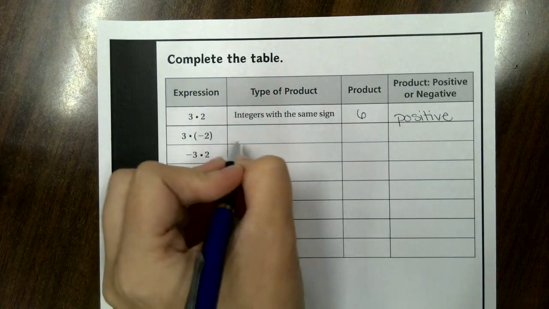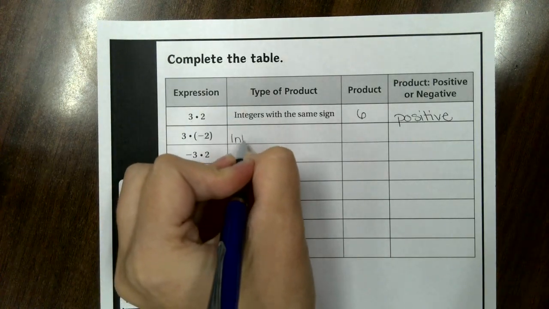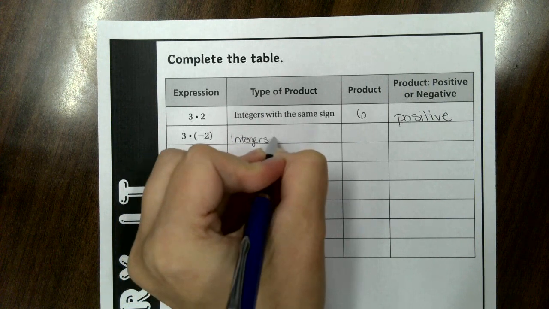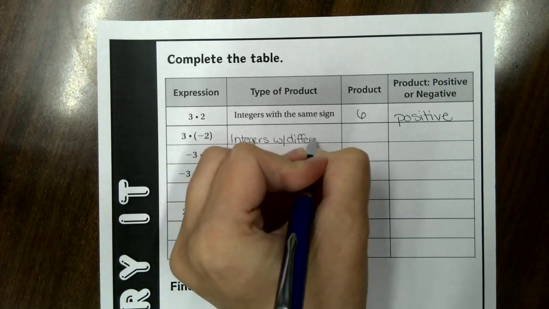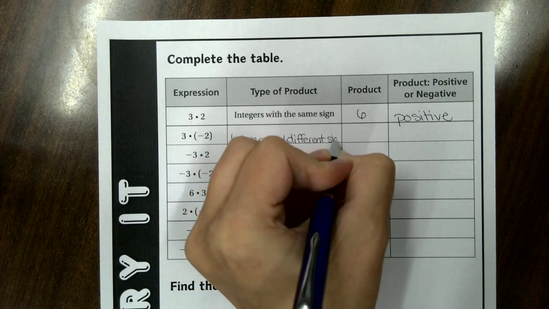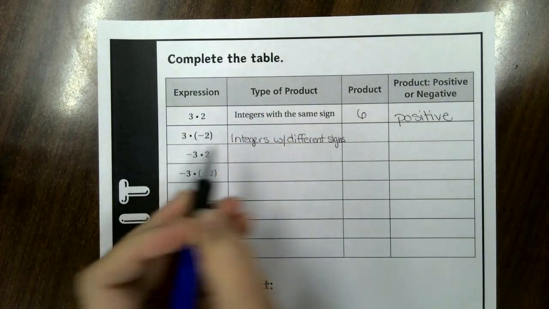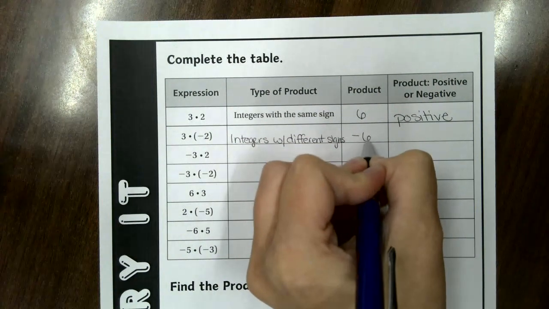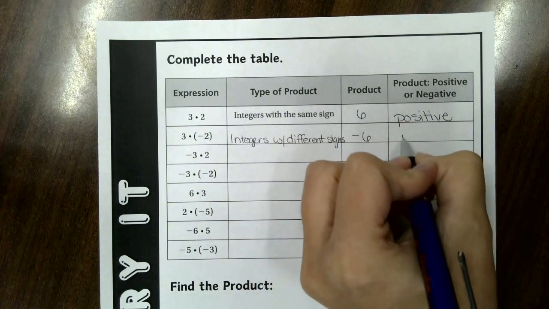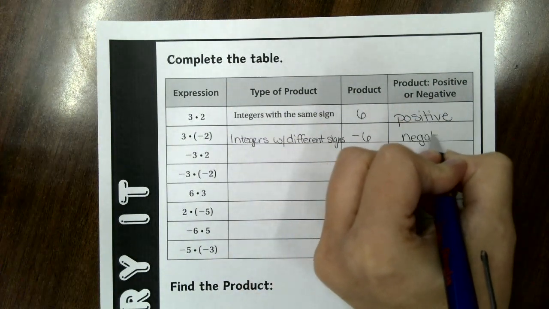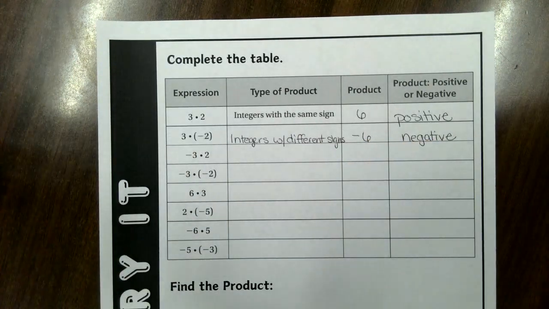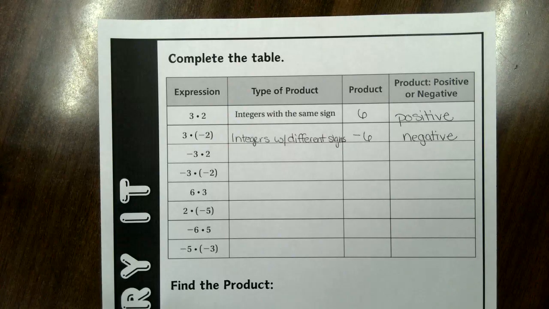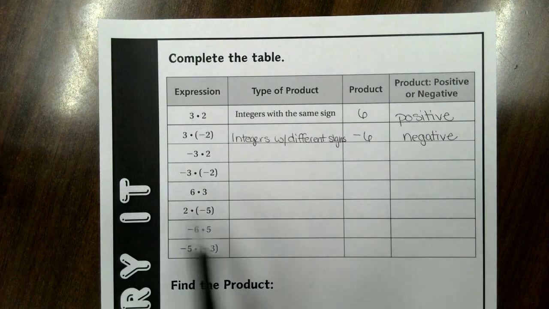They are the different signs, so integers with different signs. And 3 times negative 2 is negative 6. Is it negative or positive? It is negative because they have different signs. You're going to complete this table. So go ahead and pause your video now, complete the table, and then come back and we'll move on.